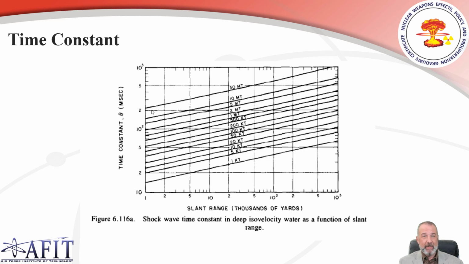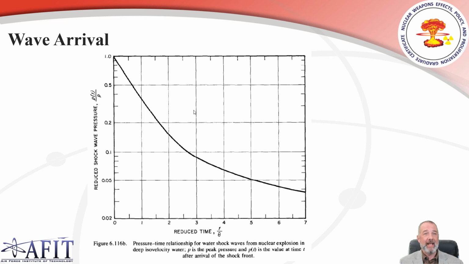Now, once we have this time constant, then we can come back to this one and look up something pretty cool. If you remember with the atmospheric detonation, we had that one graph that had two different curves on it. One gave us instantaneous power at some point in time, and the other curve gave us the cumulative power at that particular point in time.